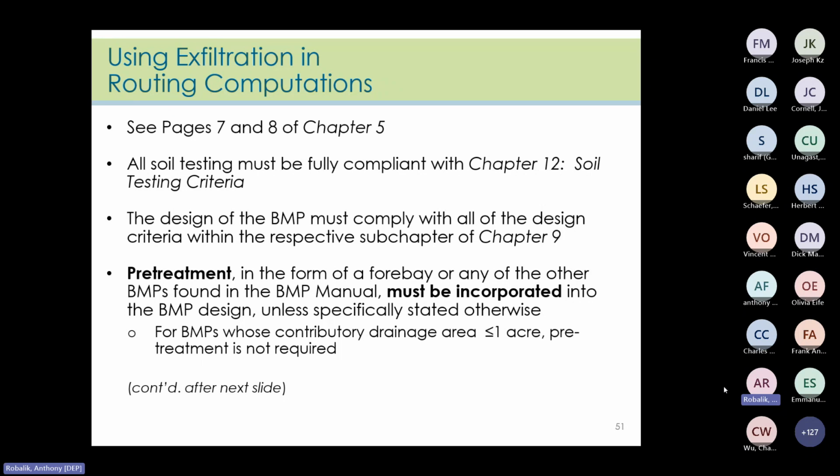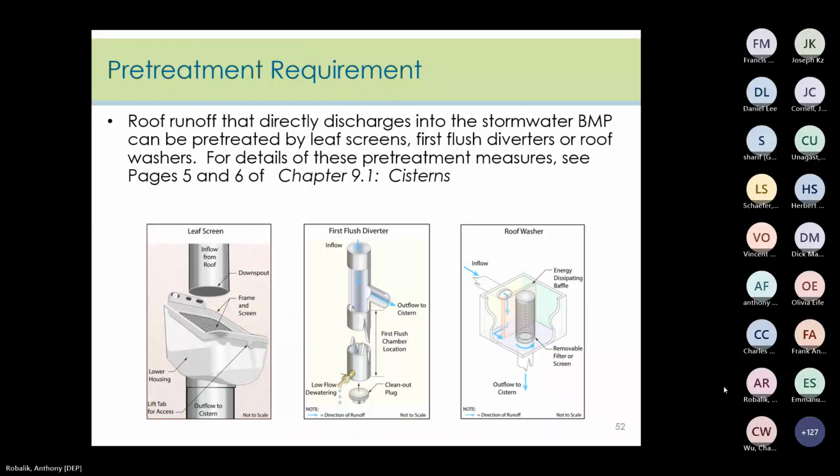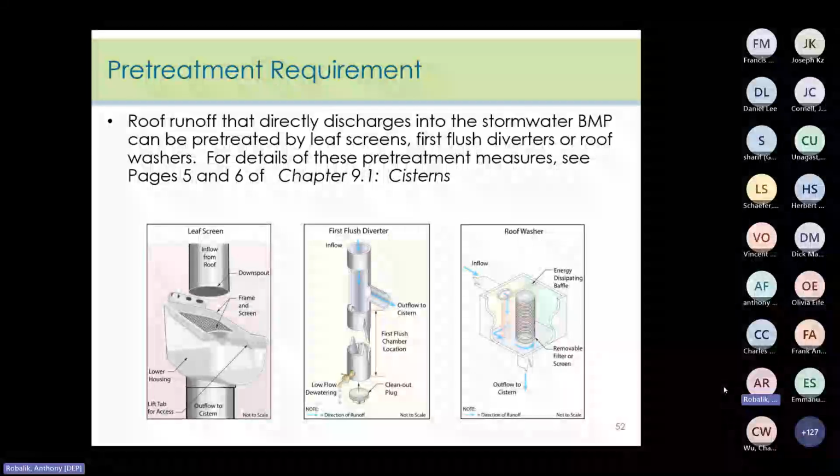So let's talk a little bit about the pretreatment requirement, because that's going to extend beyond just being a requirement for using exfiltration in the routing calcs. Each of the subchapters in Chapter 9 were revised.